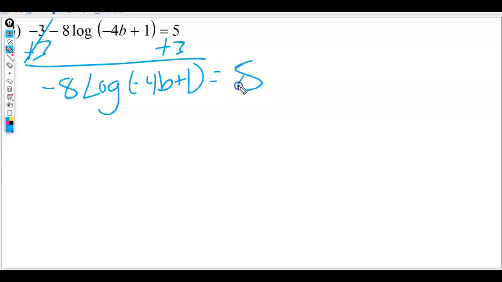And the reason I'm going to show you this one and not just let you try is because a very common mistake I see students do at this point is they would combine these. Like they would do -3 minus 8, and you can't do that. This 8 is being multiplied by the log, so these are not like terms. You cannot combine them. So the first step is to add the 3 on both sides.